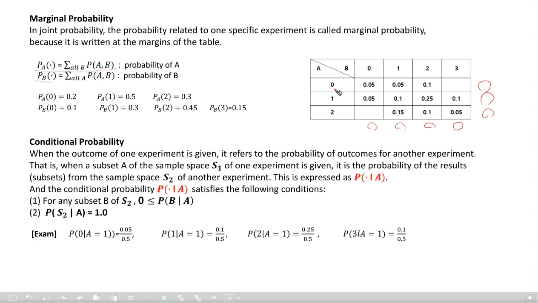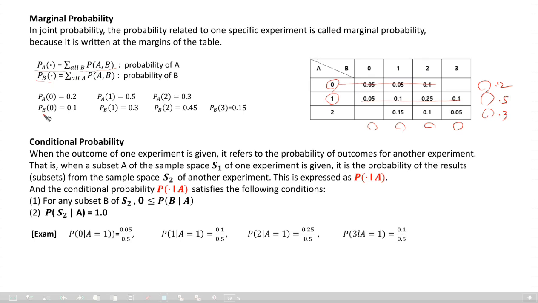If we want the probability of A equal to 0, the sum of this row is 0.2. The probability of A equal to 1 is the sum of this row, 0.5, and this one is 0.3.